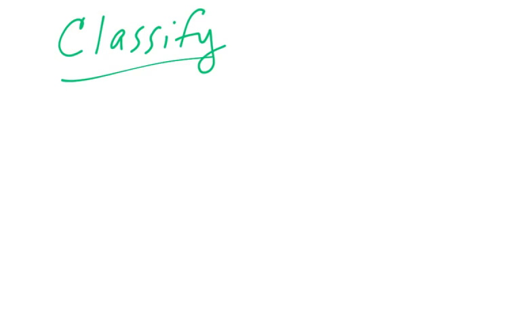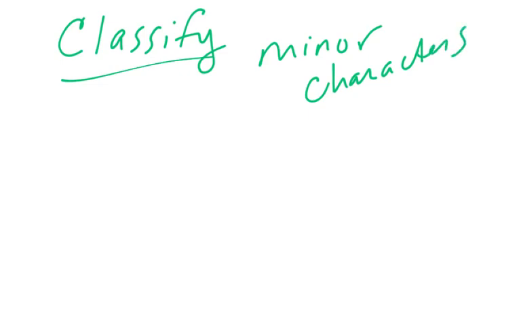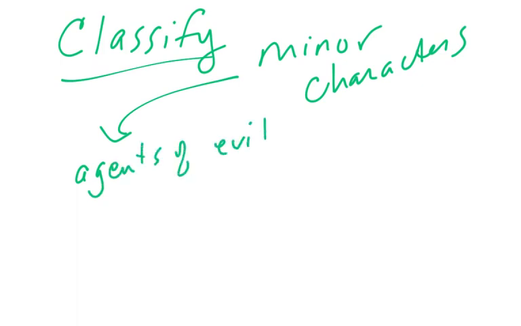We could classify the minor characters in Gatsby. So we can create categories according to sort of trait. So maybe there are minor characters who are directly agents of evil.